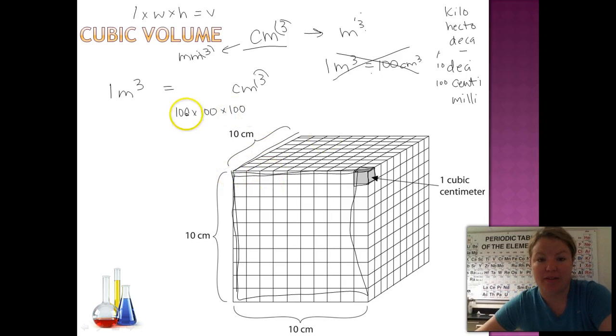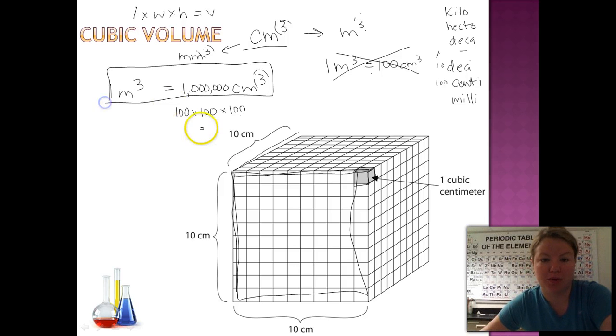Okay, so now we have 100 times 100 times 100, and we have 1,000,000 centimeters cubed in 1 meter cubed. And so it's a lot bigger when we're talking about this cube and how many of these little squares actually make up this 1 meter by 1 meter by 1 meter cube.